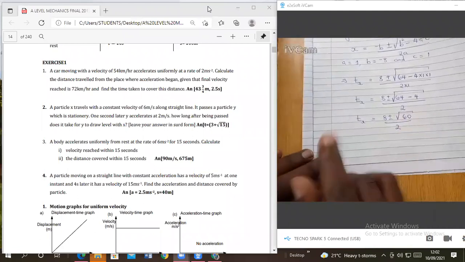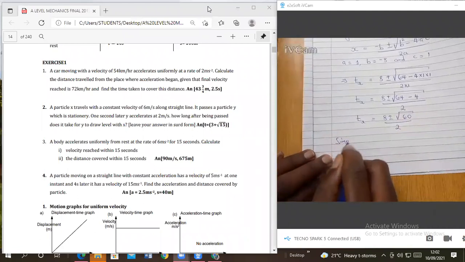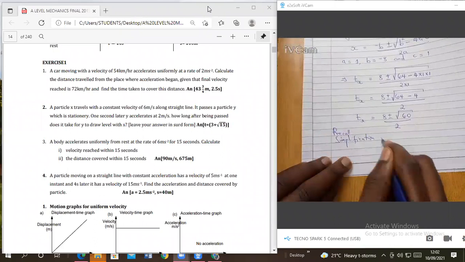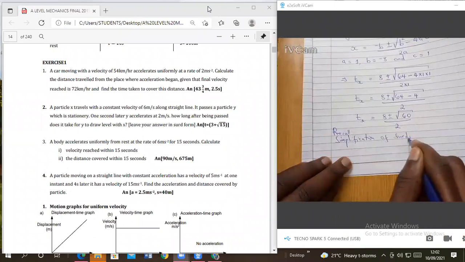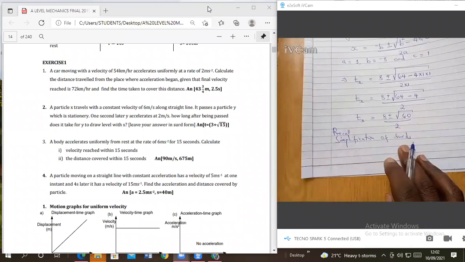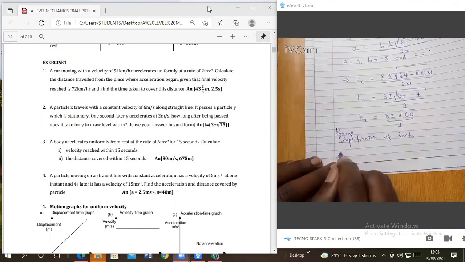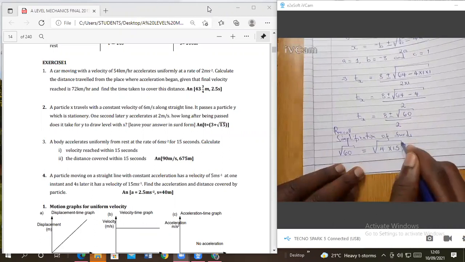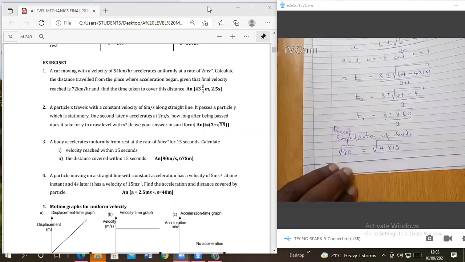Now here you must remember simplification of surds. How do you simplify surds? You think of two numbers where one of the numbers must have a square root. So you see that root of 60 is the same as the square root of 4 times 15.